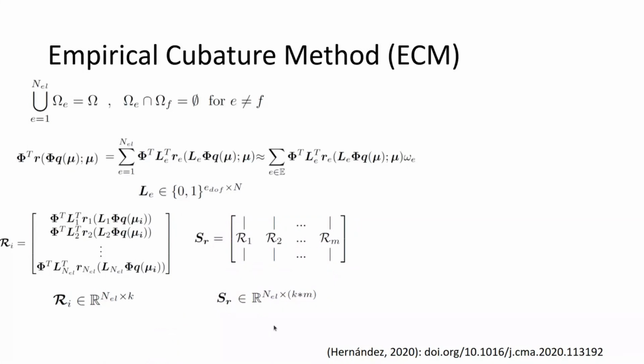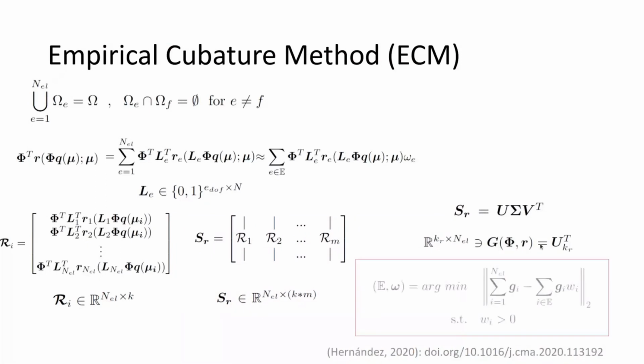But if we take the SVD of this, we get the basis of the projected residuals, and we can solve this optimization problem, which is saying this exact same thing: I want to find this subset and these weights such that I can approximate all of the terms here. And this is the empirical cubature method, with the restriction that the weights need to be positive. Okay, that's what we do.